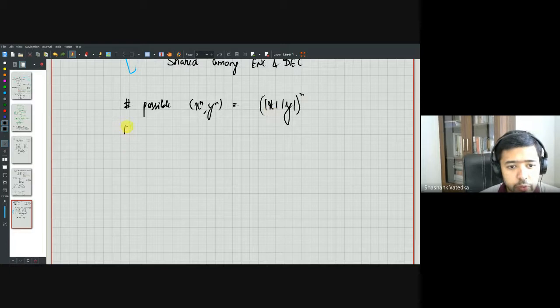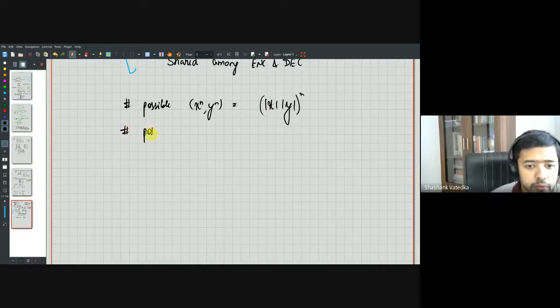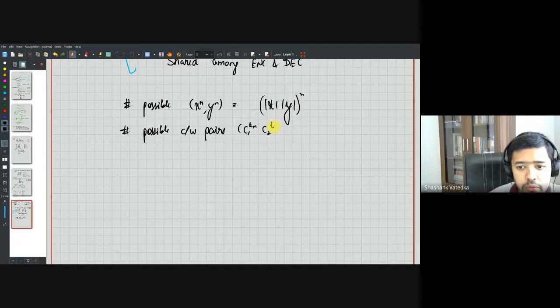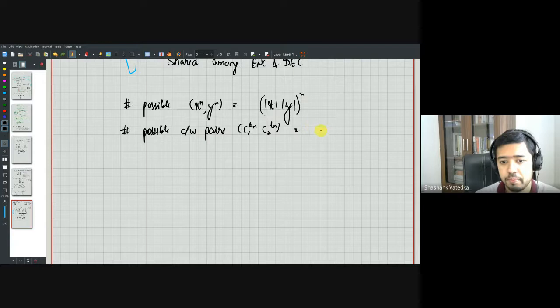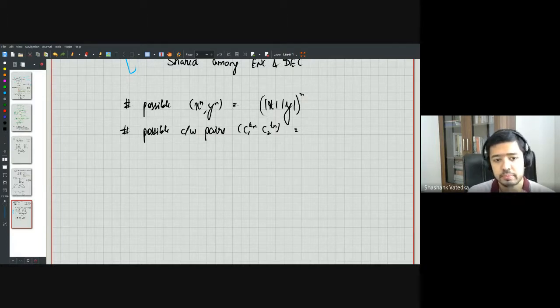But what is the number of possible code word pairs, C1 kn, C2 ln? These are binary sequences.